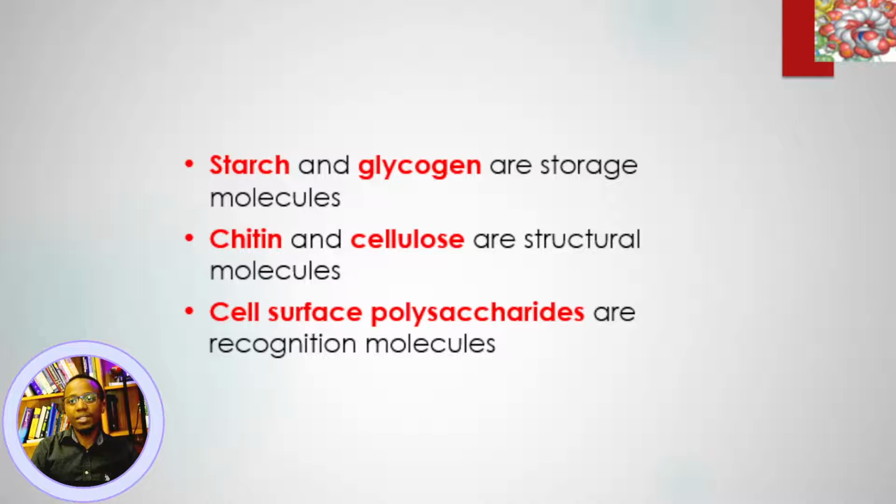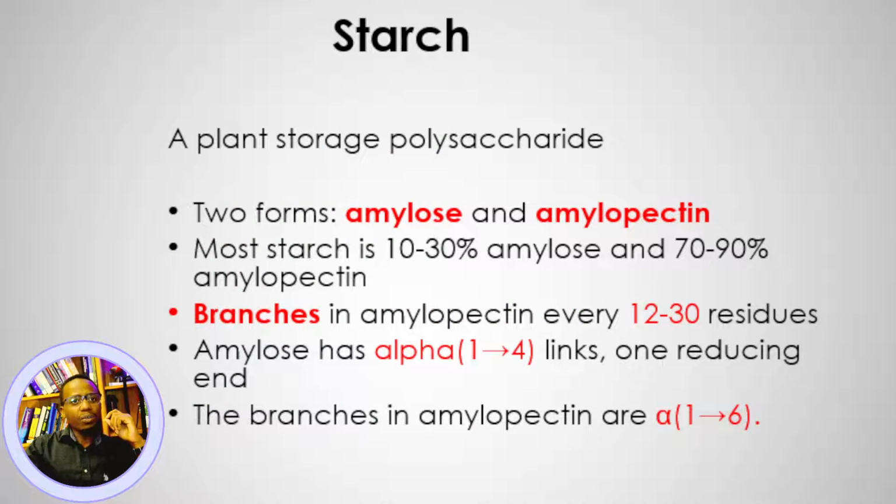And cell surface polysaccharides are recognition molecules, and these ones are kind of special because they are chains of sugar on top of a cell, and these work as recognition molecules that enzymes and other signal molecules can come and recognize on cells, which is really cool.